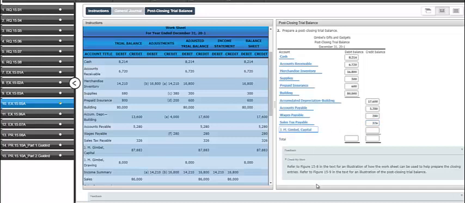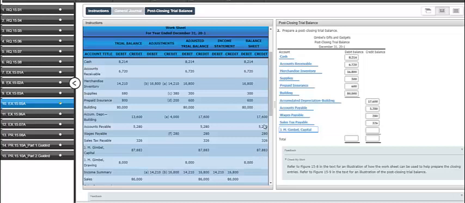You have to be careful here because the capital balance is not what's shown on the worksheet. This capital has to be updated. Okay, so let's think about what we did in our closing entries. We added net income and subtracted drawing. So we're going to take our beginning balance there, $87,883.